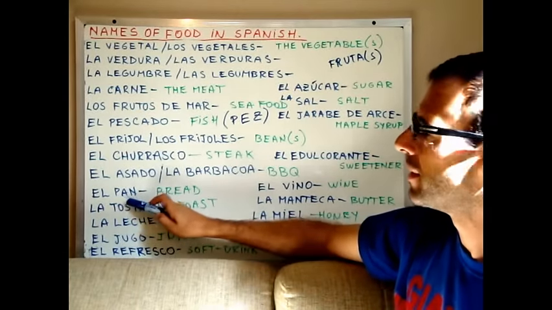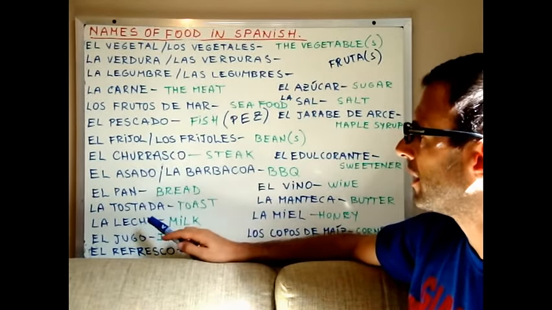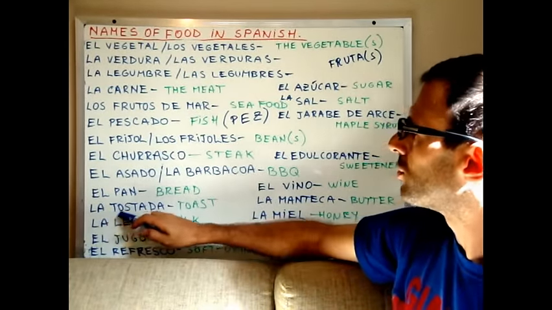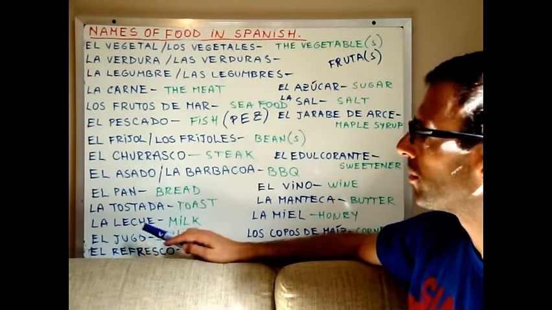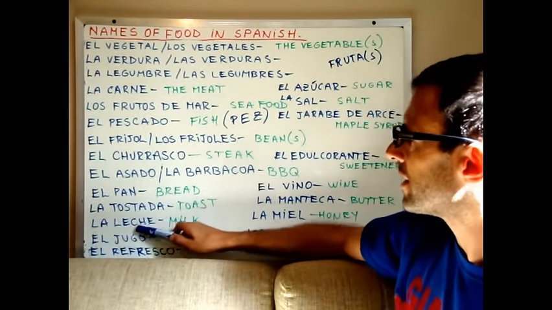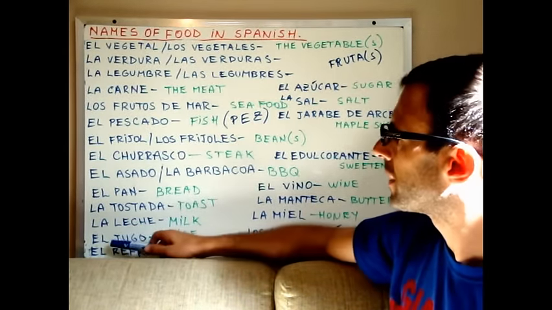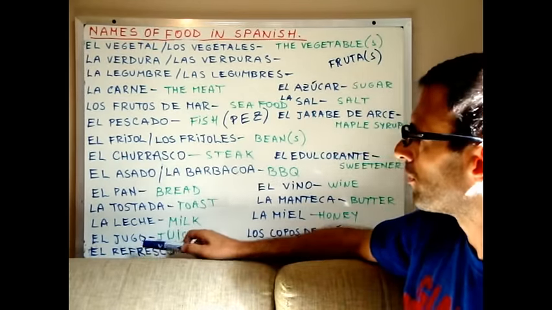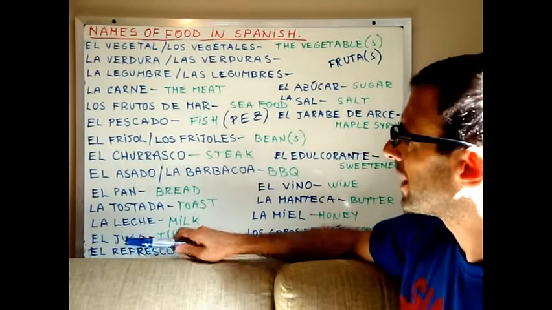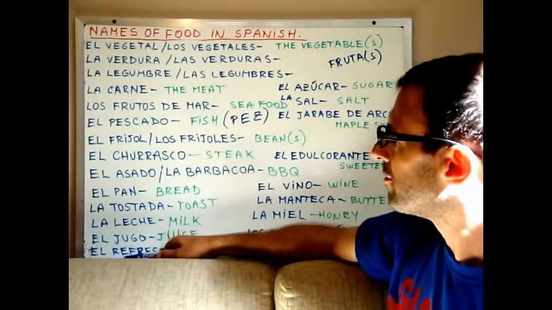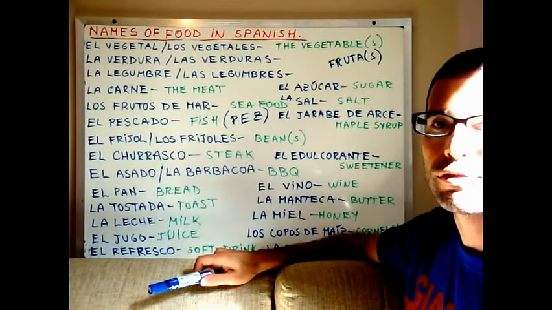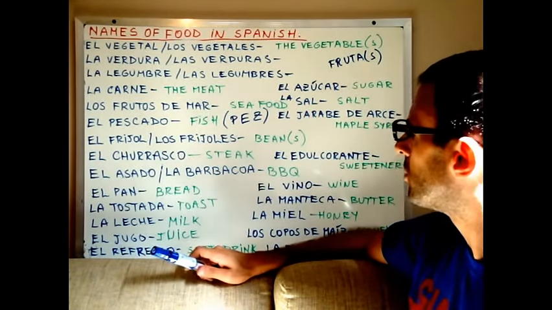El pan, the bread. La tostada is the toast. La leche, the milk. El jugo, the juice. El refresco is the soft drink.